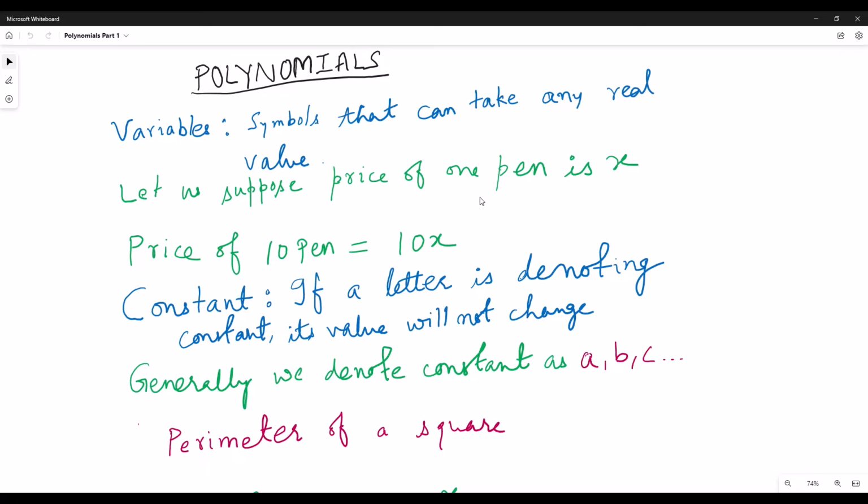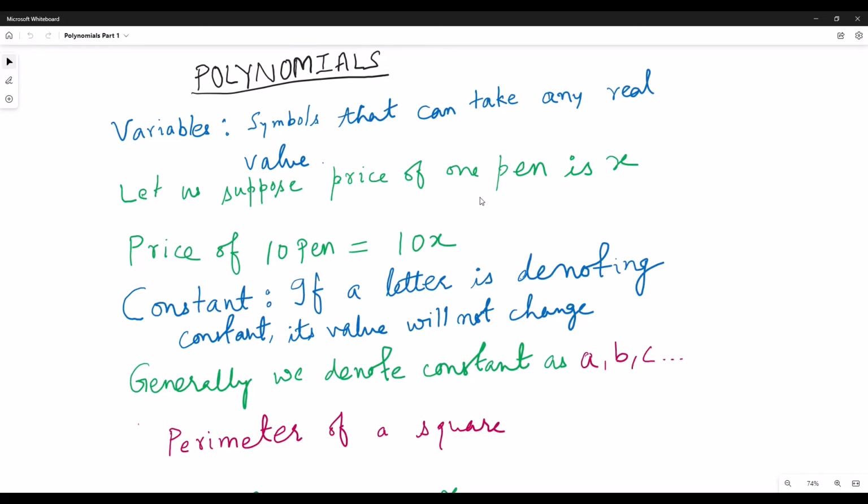It will not change for that particular situation. In a different situation, that constant may change. So that constant is also the use of a symbol for a real number. So in an algebraic expression, a symbol can be used for a variable and a symbol can be used for a constant as well. Generally, we denote constants with a, b, c and variables with x, y, z.